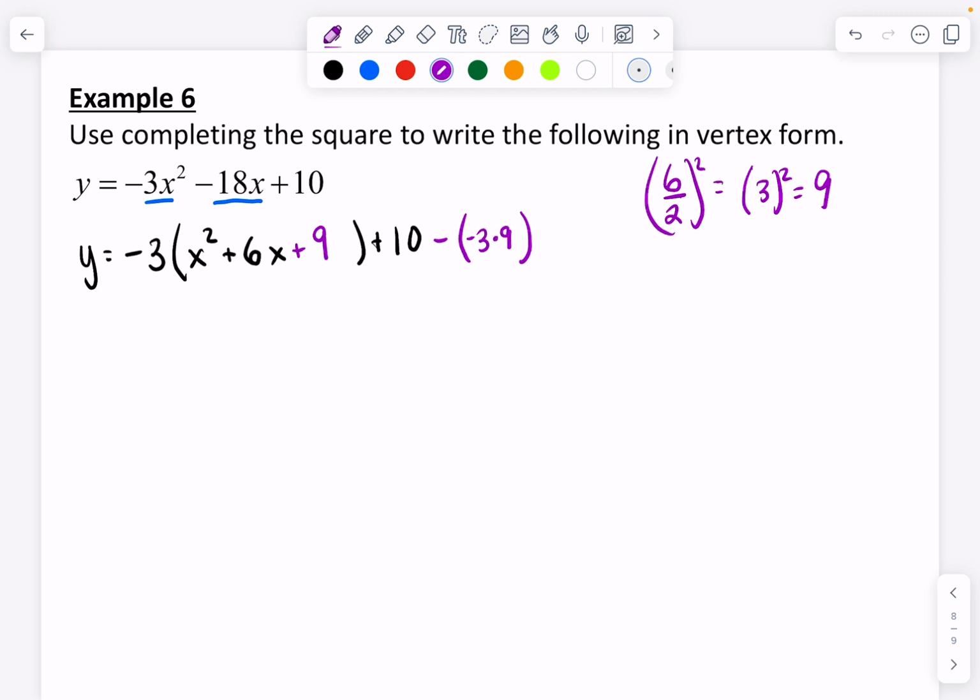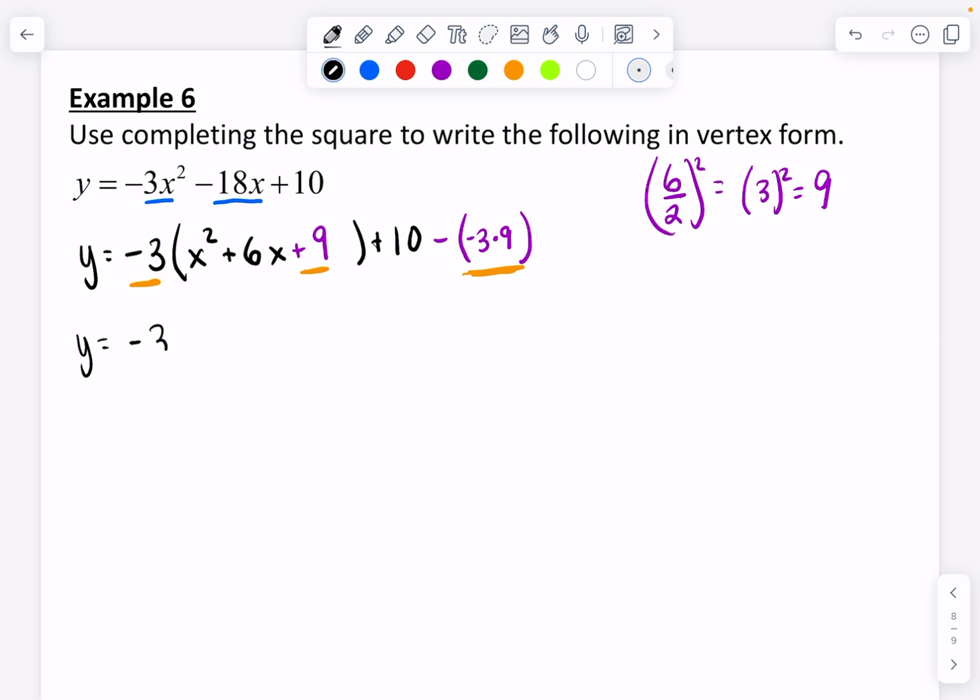So be careful on that. Let me highlight where I'm getting that. I'll do it in orange. Negative 3 times 9, that's really what I've added in. So I need to subtract that on the outside. And that's why I've tried to make that very clear here.